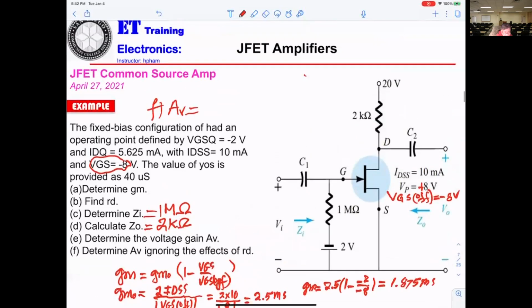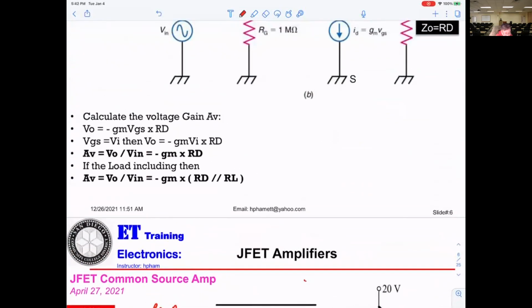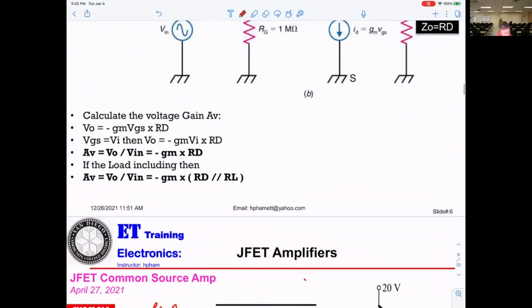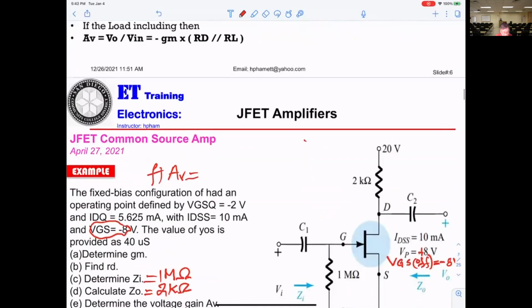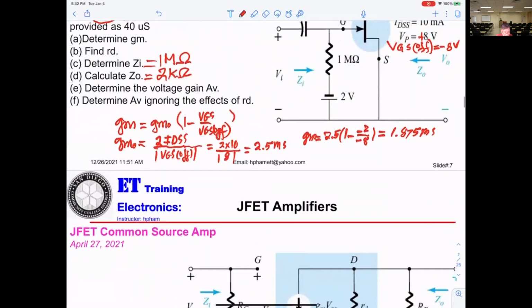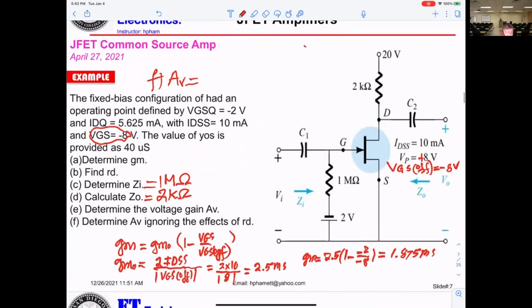It says AV equals V out over V in equals minus GM times RD. Is that the one we're supposed to use? Yeah. However, we're not using the minus, so it's just GM times RD. That's for the AC signal. The minus sign is just telling you that they're opposite.